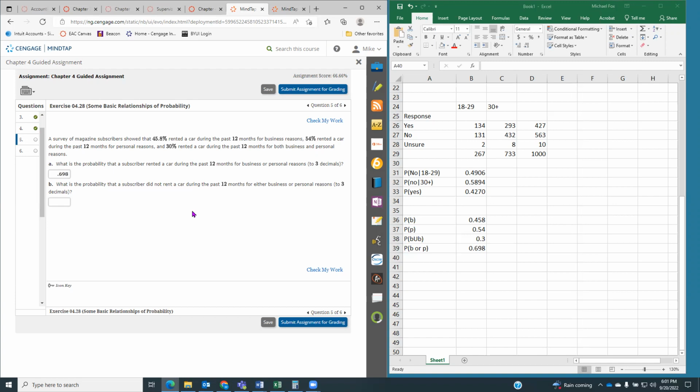So this is telling us that 0.698, or 69.8% of people rented cars, either for business or pleasure. So the probability that they did not rent is just going to be 1 minus the probability that they did rent.